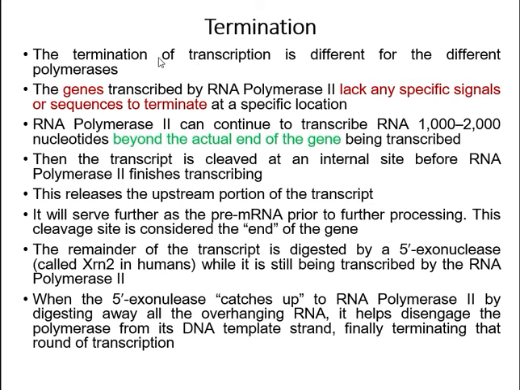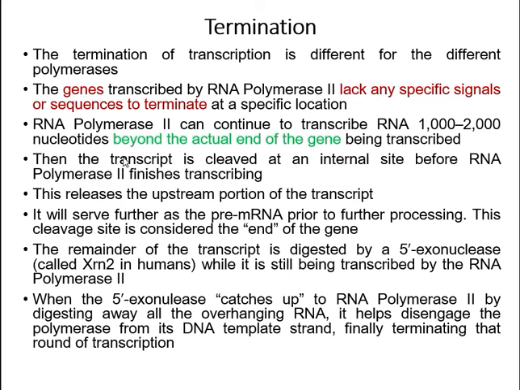The problem is that the genes transcribed by RNA polymerase 2, the protein coding genes from which mRNA is formed, lack any specific signal or sequence to terminate. It's not like prokaryotes, where there is a special region called the terminator. Here there is no specific sequence which will mark termination.